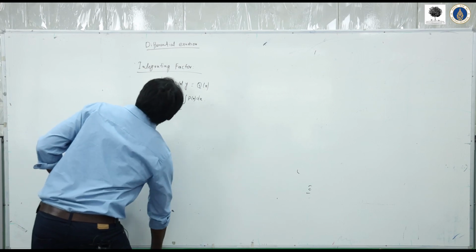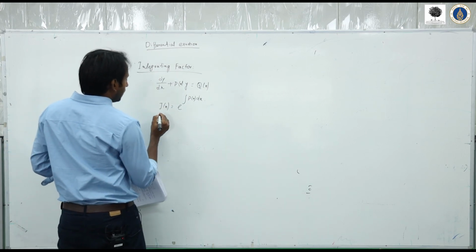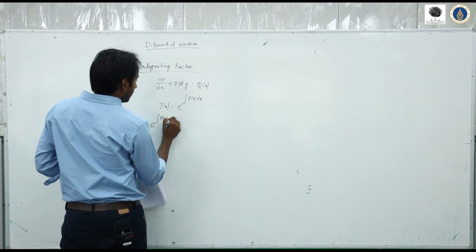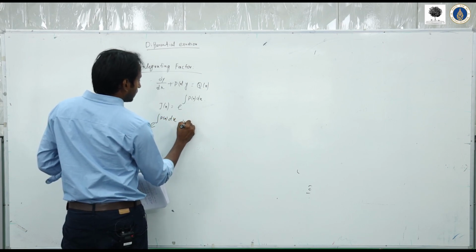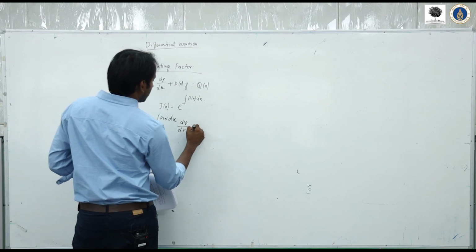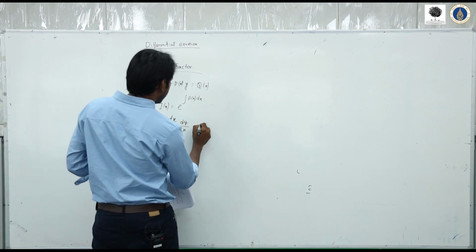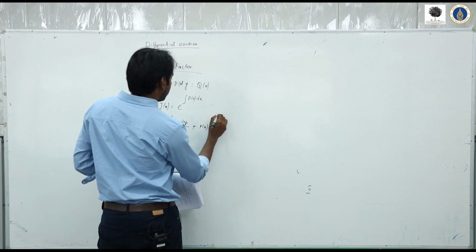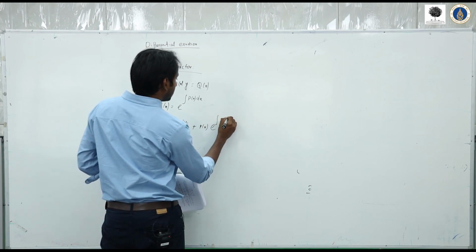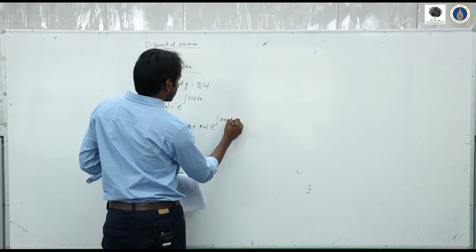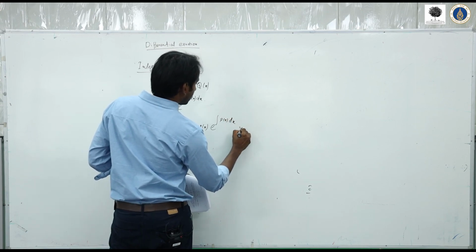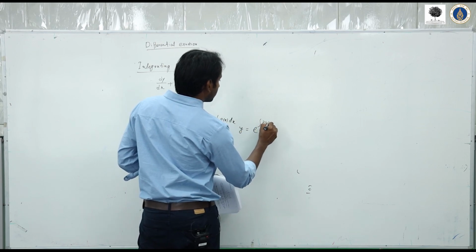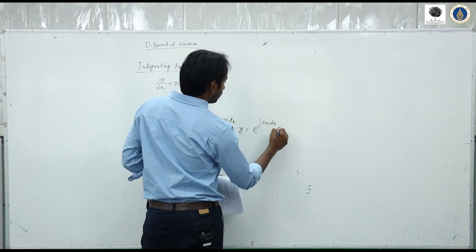You multiply I(x) to this differential equation, and it will become e to the power integral p(x) dx times dy by dx plus p(x) e to the power integral p(x) dx into y equal to e to the power integral p(x) dx into q(x).